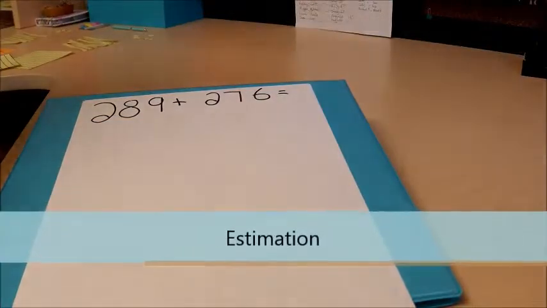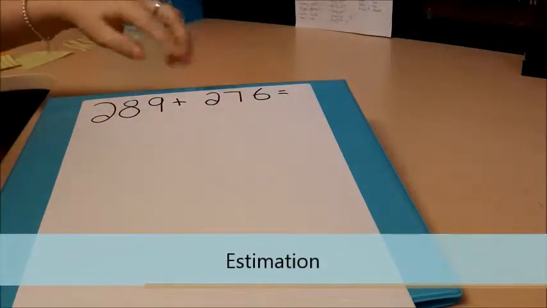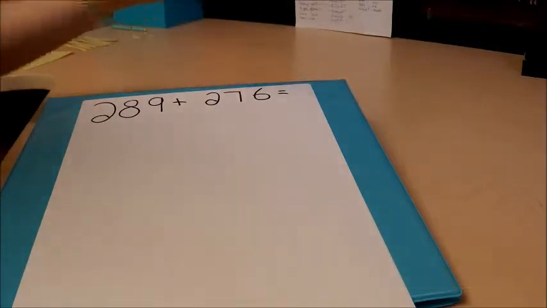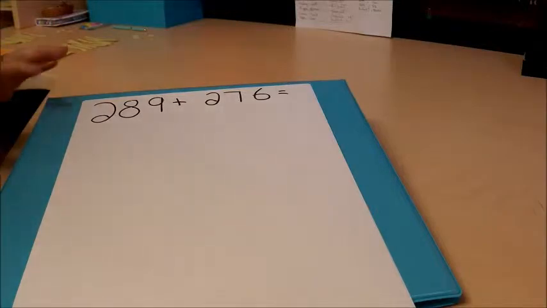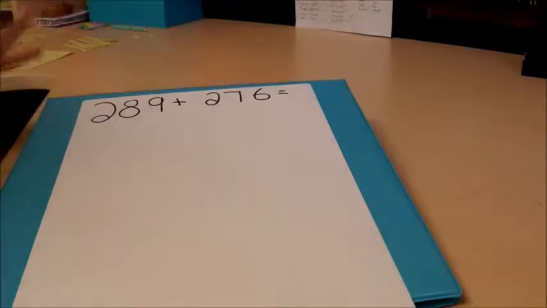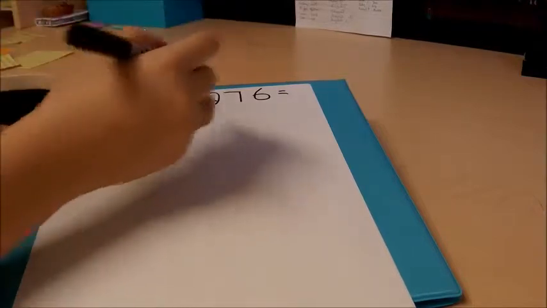So I'm going to begin by using estimation to try and figure out what 289 plus 276 is. So what I'm going to do is round these numbers up to the closest 100 so that it's easier for the students to calculate. So these two numbers are closest to 300.